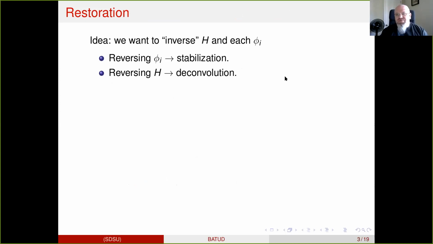Well, the idea from a mathematical perspective is pretty straightforward. We just want to invert those operators h and phi. And reversing the phi's, that's what we call a stabilization step. Stabilization because it just tries to stop the geometric distortion, but it does not remove the blur.